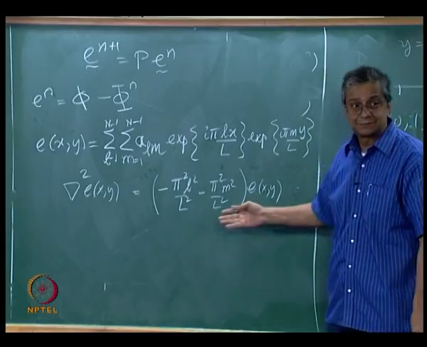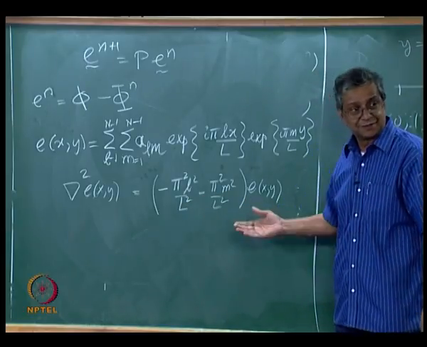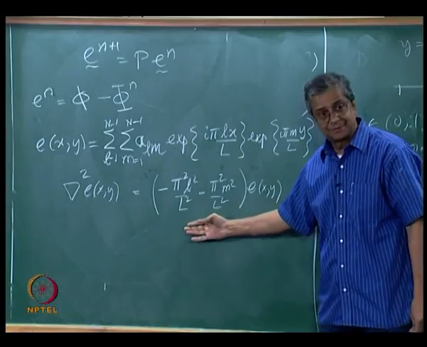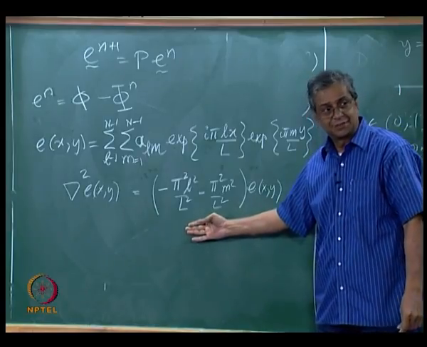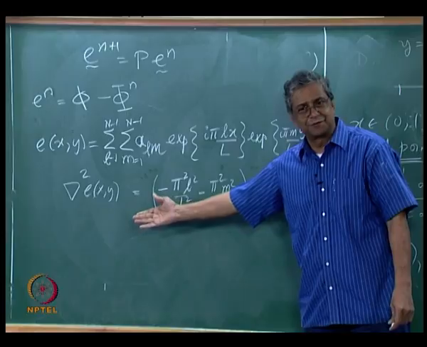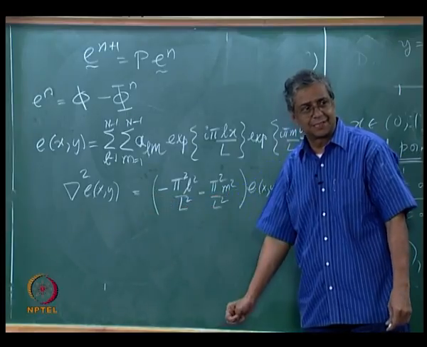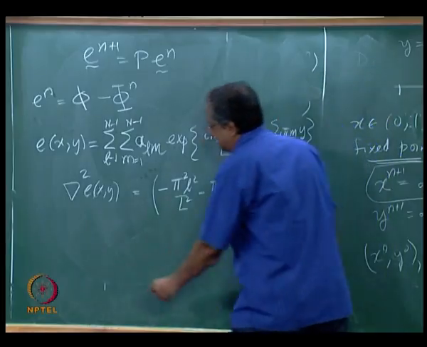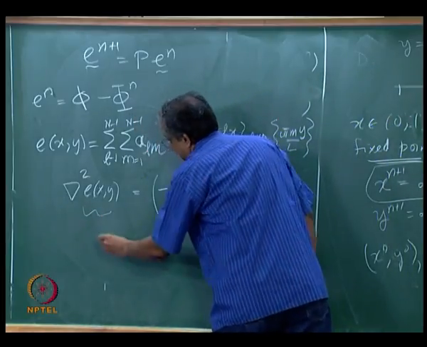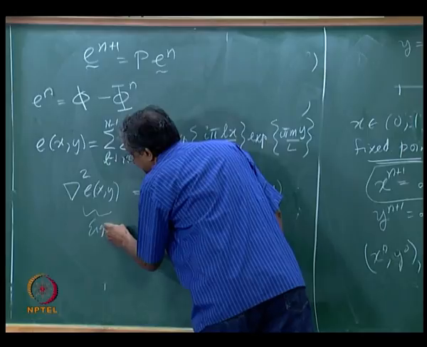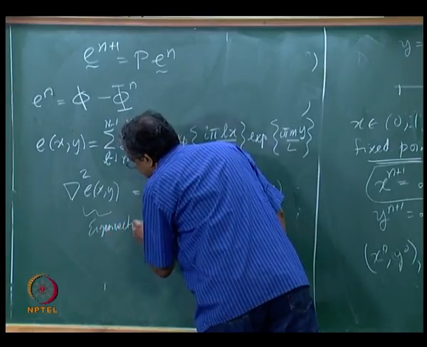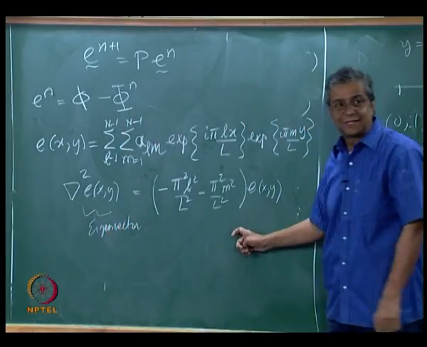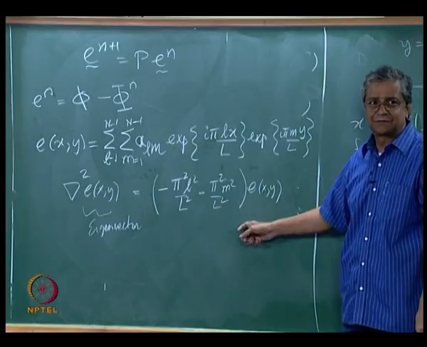So now look at what we have just done. These are basically eigenvalues, and these are eigenvectors or eigenfunctions, okay. Why am I doing this? Why is it important that they are eigenvectors or eigenfunctions?